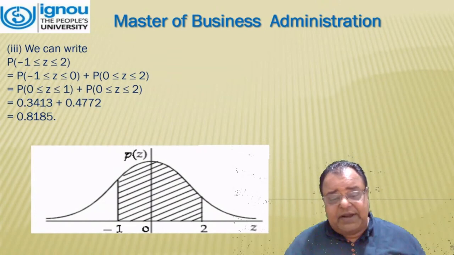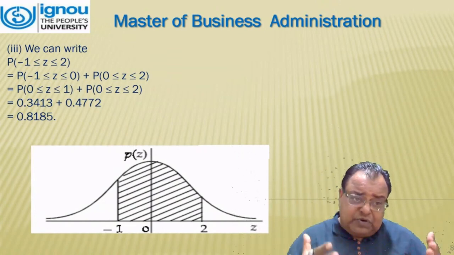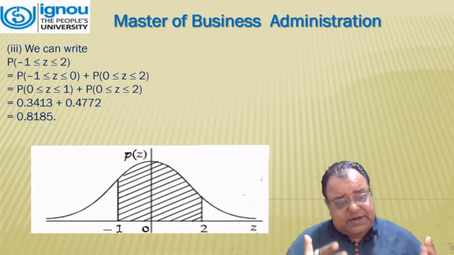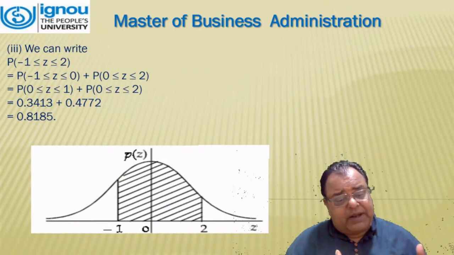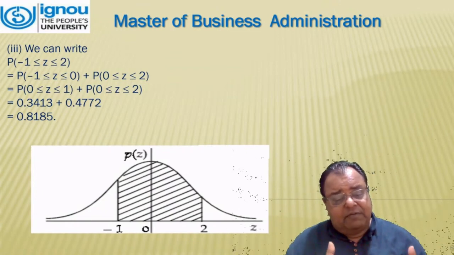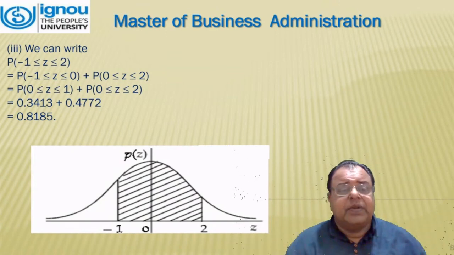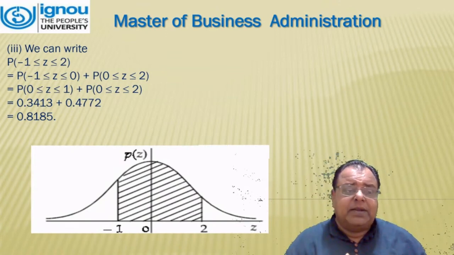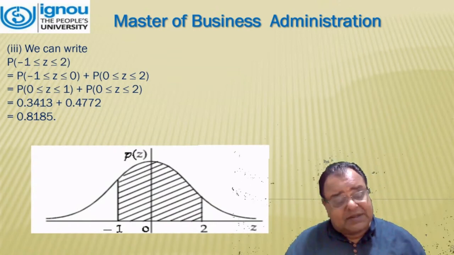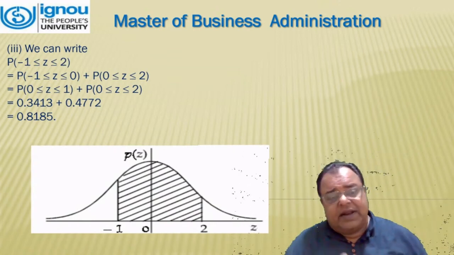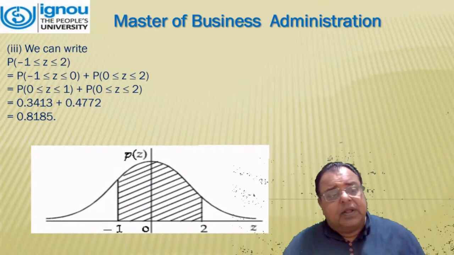Third one, we have to find the probability between -1 and 2. -1 is on the left hand side and 2 is on the right hand side. So how do we write this in the standard normal form? First we move from -1 to 0 and then from 0 to 2. That means we split it into two terms. Probability -1 ≤ z ≤ 0 plus probability 0 ≤ z ≤ 2.